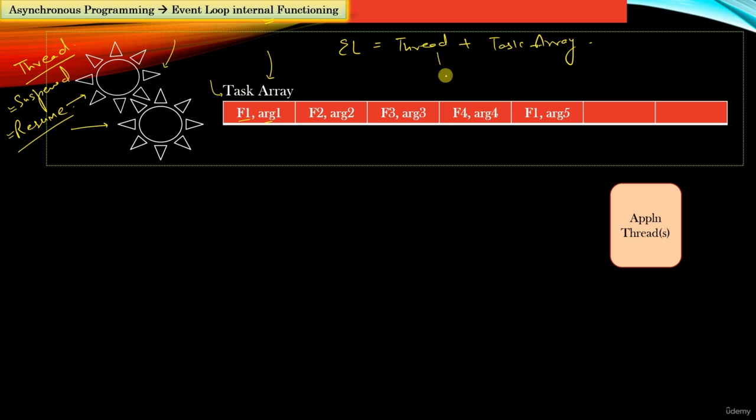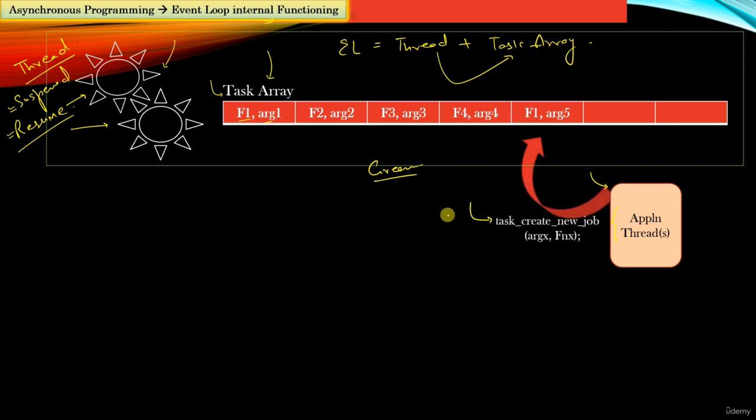This thread acts on this task array. This green box represents the event loop library, which is completely isolated from your application. In your application, you may have several threads running. When your application executes, one of its threads submits a computation to the event loop. That computation is represented by this fn x and this argument x.